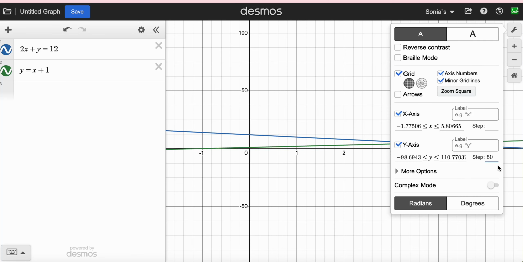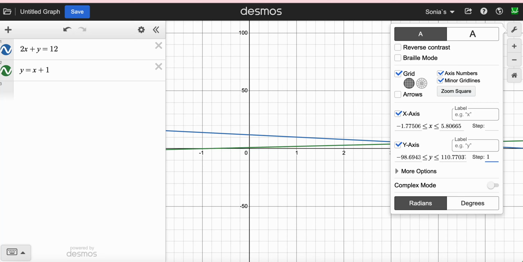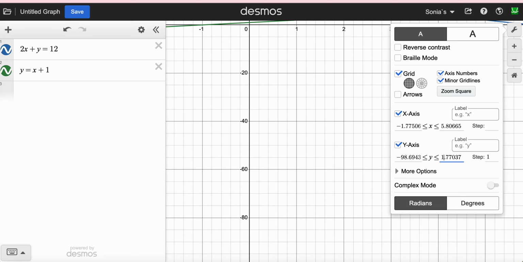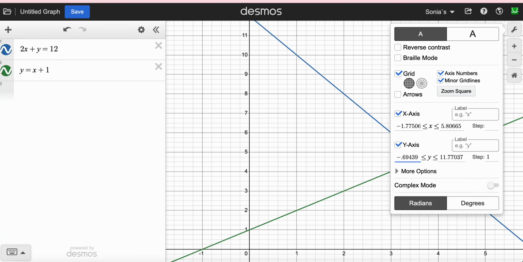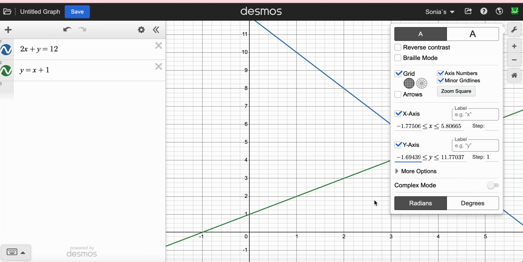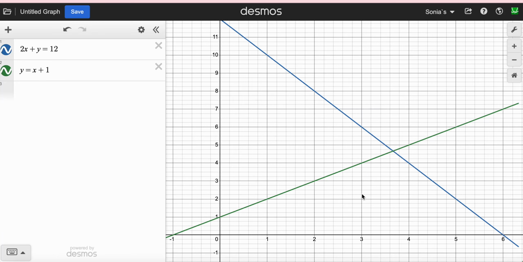Let's go with step 1, and this also is up till 10. Minus 1, like this. Now the two lines are clearly visible, right?